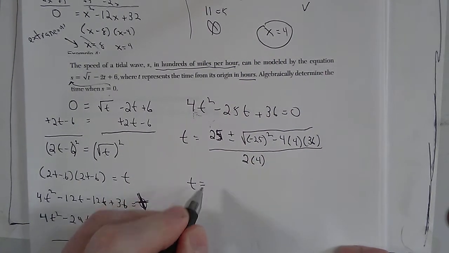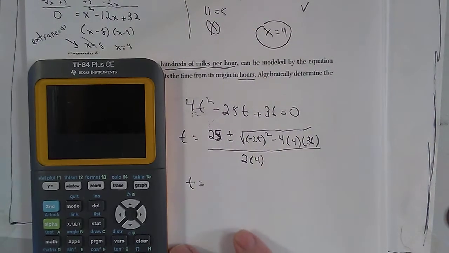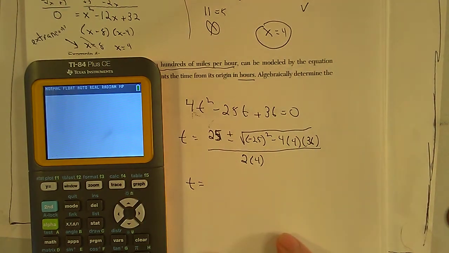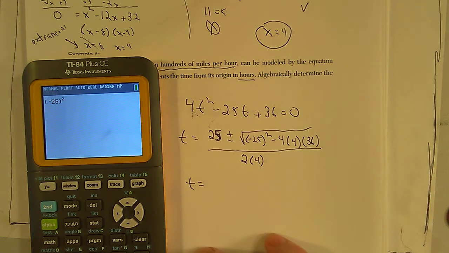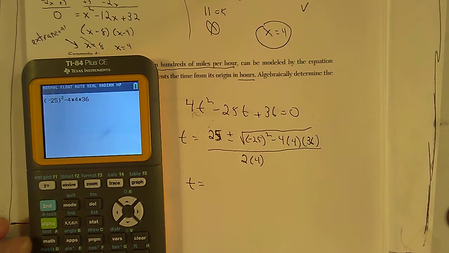All right, so let's see. I do just the stuff under the square root. Now I got to put that negative 25 in parentheses, minus 4 times 4 times 36, 49.